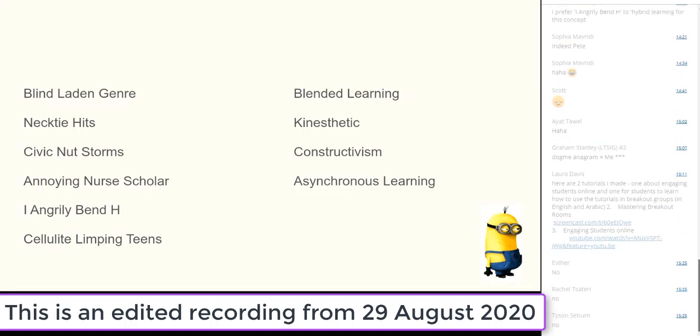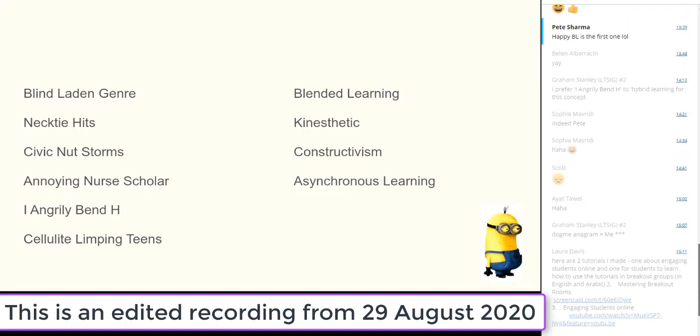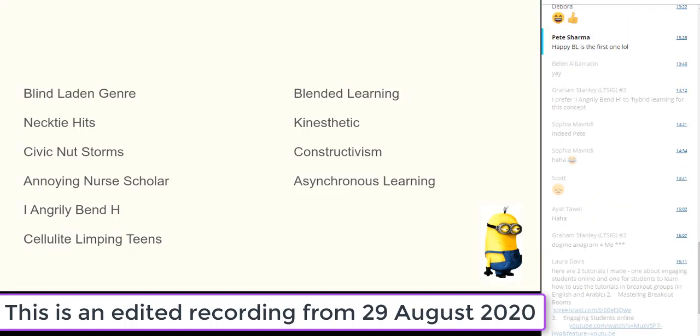Annoying nurse scholar: I don't think anyone put anything. Bellen's got hybrid learning for one. I think you might be right, Bellen. Yeah, annoying nurse scholar was asynchronous learning. Well, I don't know whether you call that a method, but it's a way of learning. Bellen was right with hybrid learning for I angrily bend H.